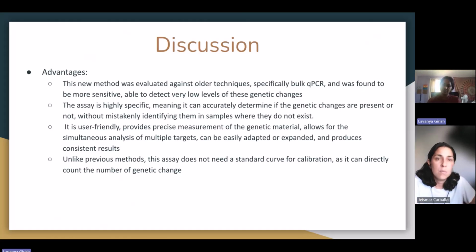It is user-friendly, so it provides precise measurement of the genetic material, allowing for simultaneous analysis of multiple targets. It can easily be adapted or expanded, and produces consistent results. Unlike previous methods, this assay does not need a standard curve for calibration, as it can directly count the number of genetic changes.